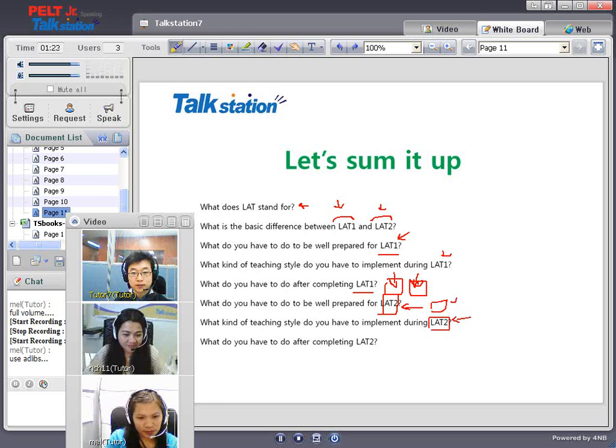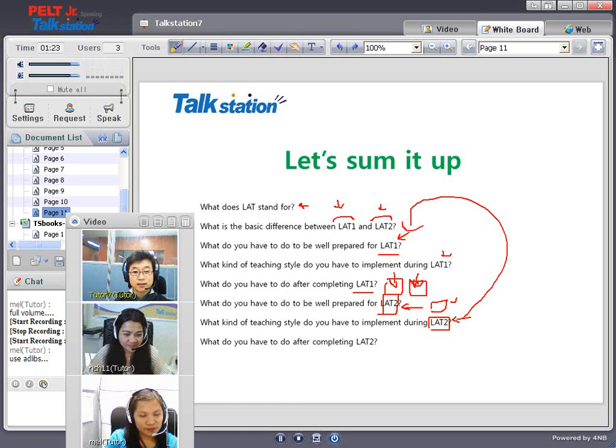During LAT2, what kind of teaching style should be applied? Well, normally we would think that the tutor needs to focus on the material, but it's not that at all, right? It is actually similar to LAT1. Yes, sir. Building a good rapport should be the most important thing during LAT2 also.